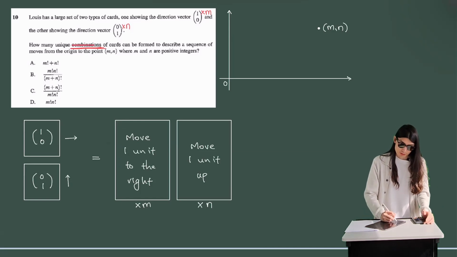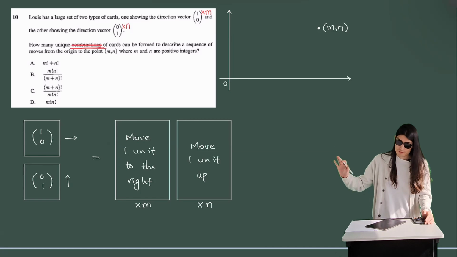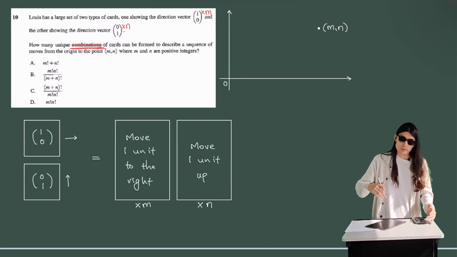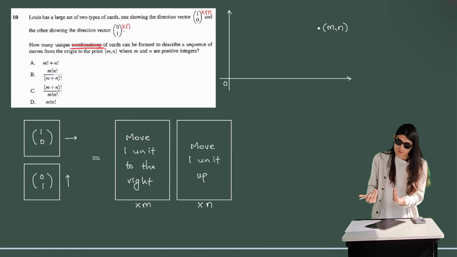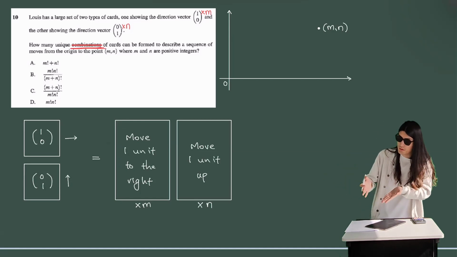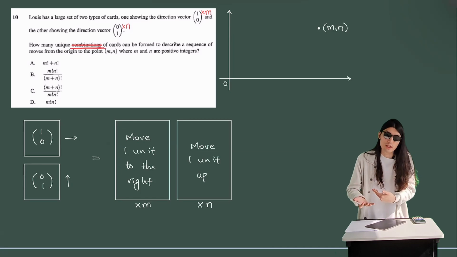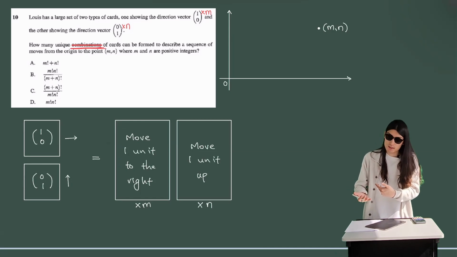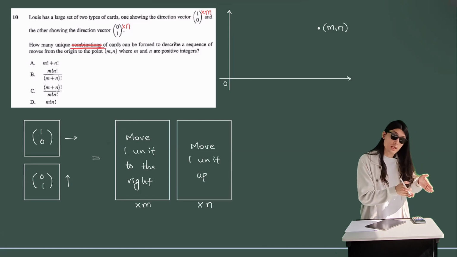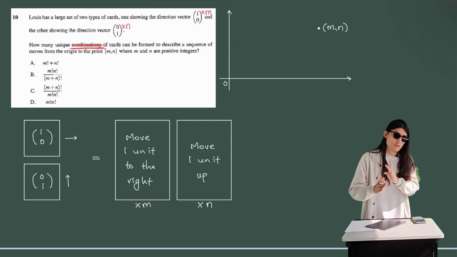The question really should not have said combination of cards, okay? Because what do you learn in permutations and combinations? When you say combinations, you refer to how many of each card. That's combinations, isn't it? And in particular, when you learn combinations, you say order doesn't matter.